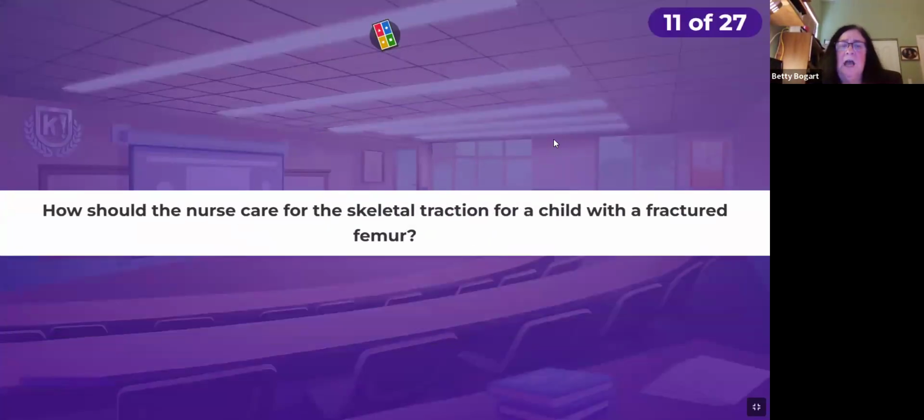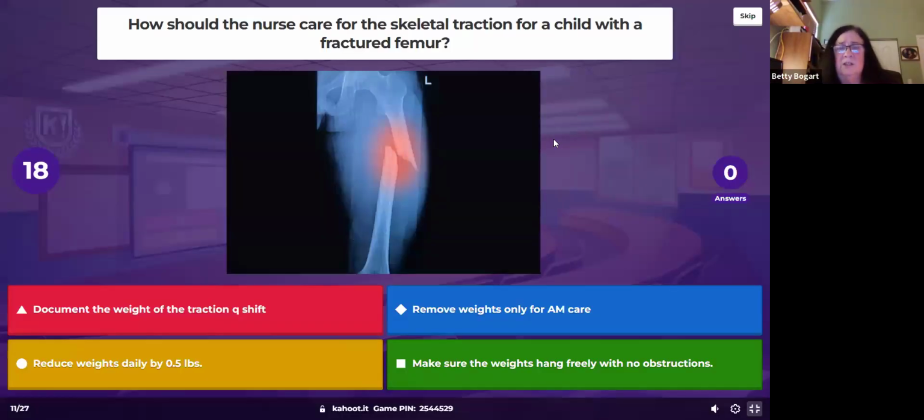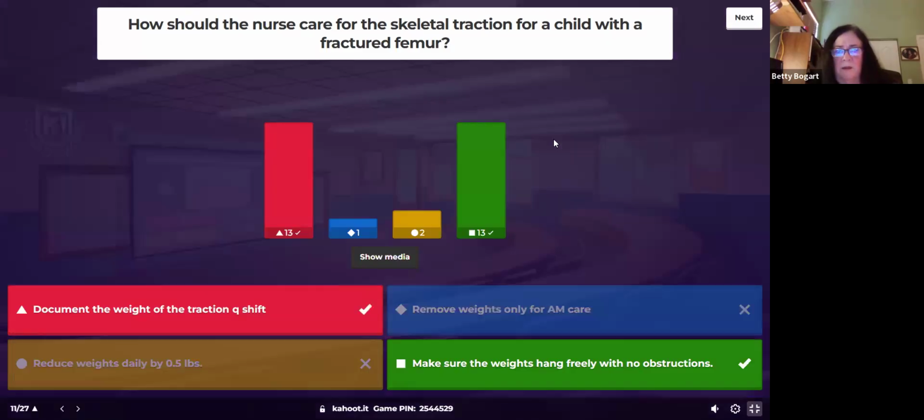How should the nurse care for the skeletal traction for a child with a fractured femur? So you've got this child on Bucks traction. How are you going to treat them? The one thing that we do with any sort of traction that has a weight on it, you always document the weight.